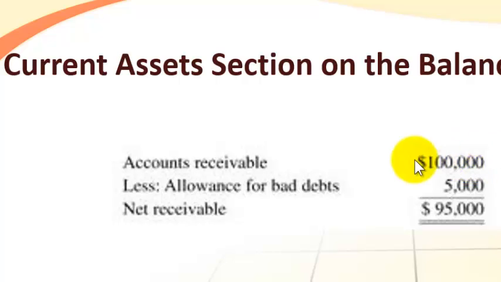The accounts receivable control account is $100,000. The provision or the allowance for bad debts is $5,000. Therefore, the net that we're going to receive is $95,000. But as accountants, we want to understate rather than overstate. So realistically, we're going to receive $95,000 and not the total $100,000 that we have in our accounts receivable control account.